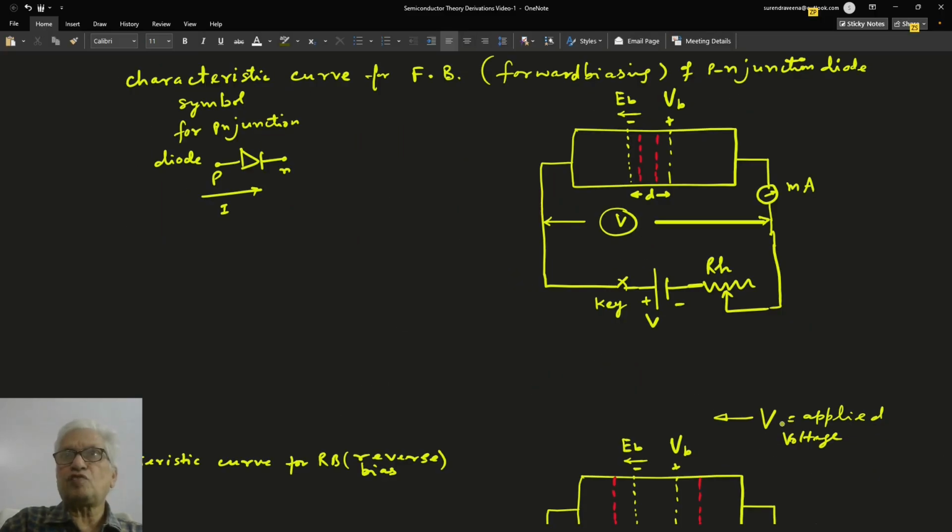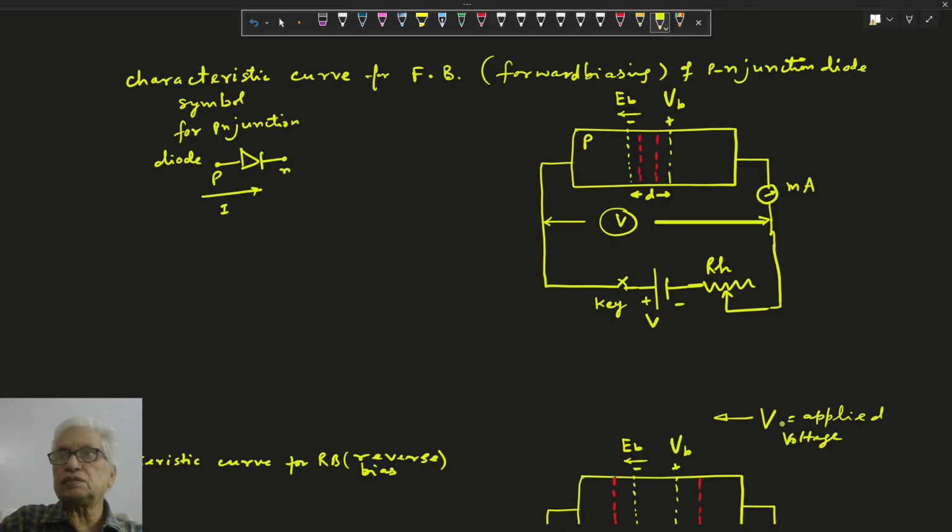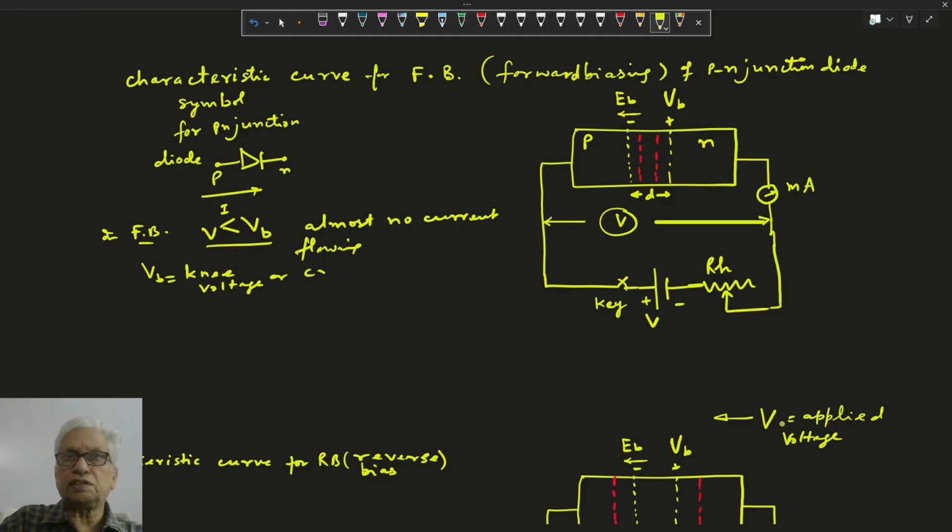In forward biasing, the applied voltage's positive terminal is connected to the P region and the negative terminal is connected to the N region. It is called forward bias. In forward bias, if the applied voltage is less than the barrier voltage, then almost no current or very little current flows. VB is sometimes called barrier voltage, knee voltage or critical voltage.